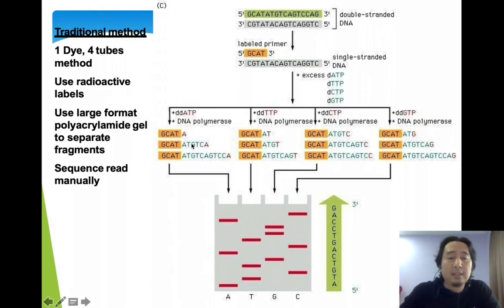So for example, let us look at the first tube only. I will explain the first tube.